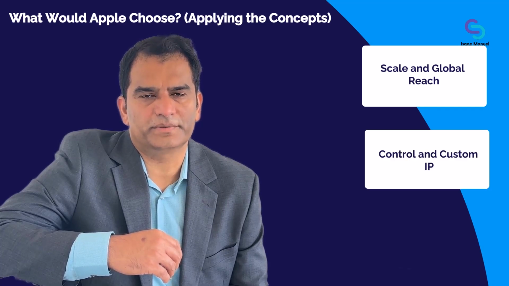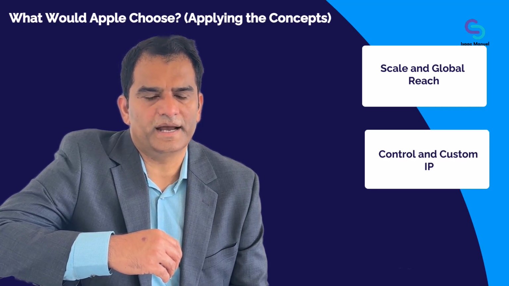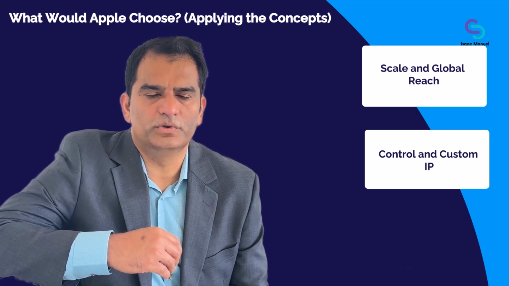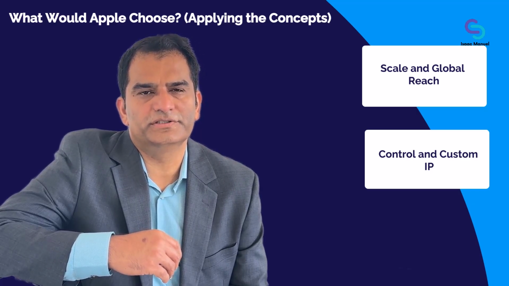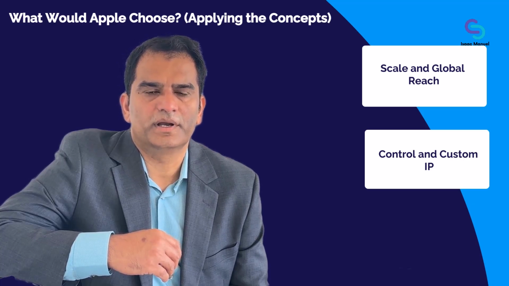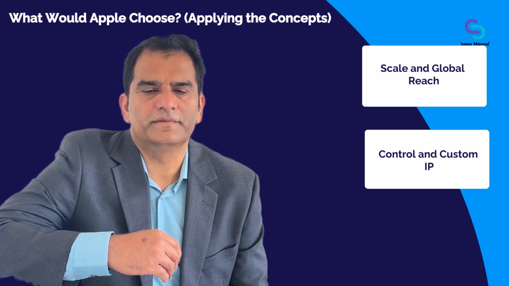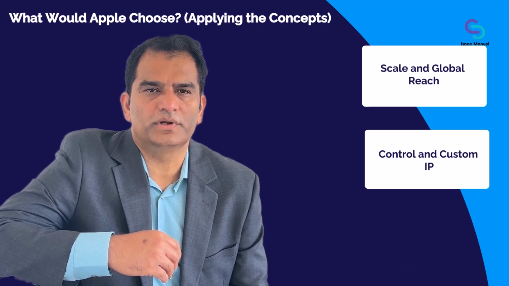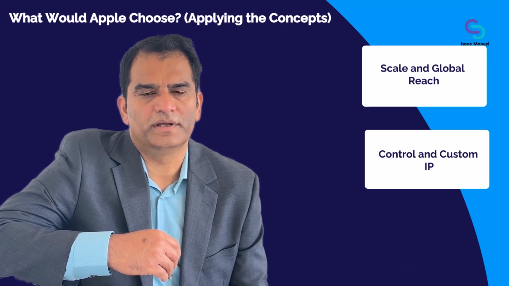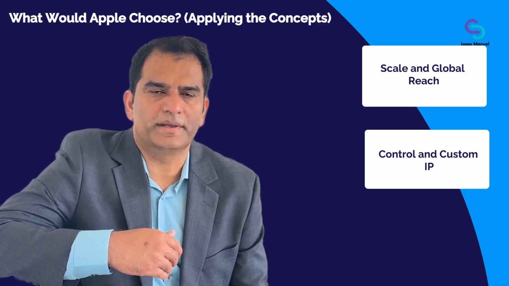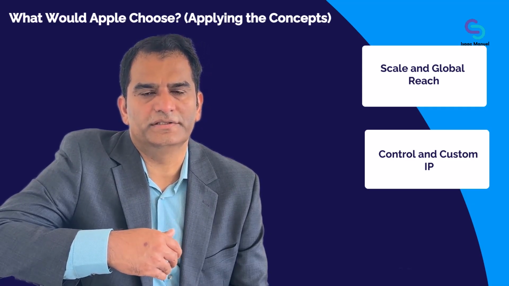Control and custom IP. On the flip side, Apple highly values control and has some unique processes. For instance, Apple's supply chain and product introduction process for new iPhones each year is legendary and very secretive. If Apple felt that the standard cloud processes don't cover a particular proprietary workflow they have, on premise might seem attractive to allow tweaking the system.